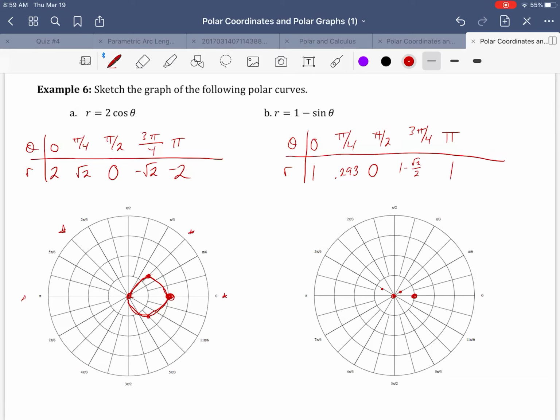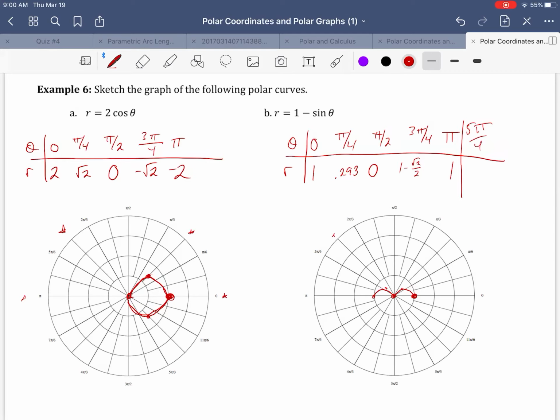And then I leave the pole. Too far. Hold on. Face 3 pi over 4. I missed the pi over 4 on this one. I don't know why they short change that line. Pi is 1. So I got a little hump here. So I got to keep going on this one.